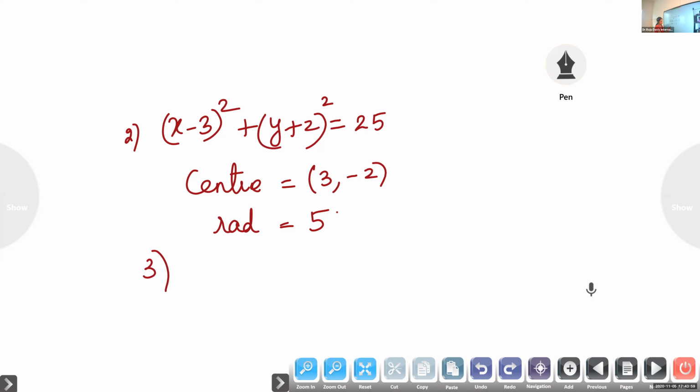Third one. x square plus y square is equal to 1. What is the center and what is the radius?